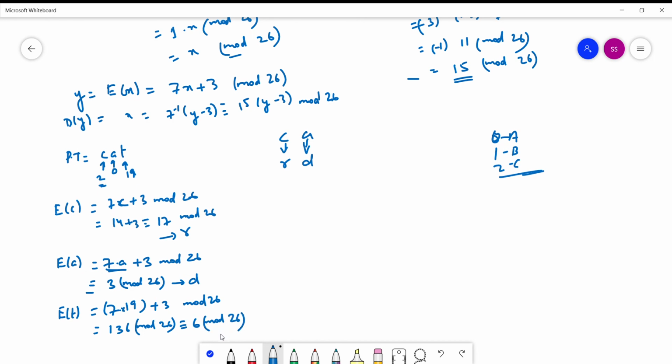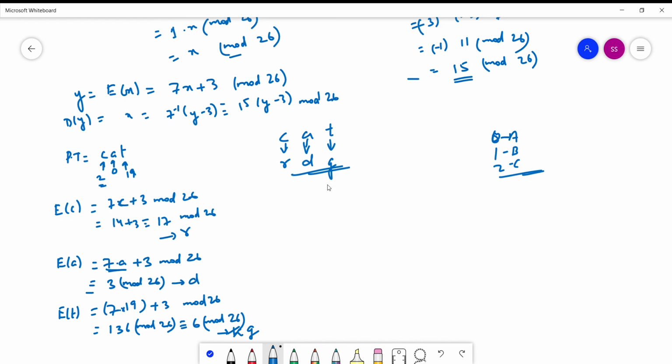This is equal to h. Sorry, A, B, C, D, E, F, G, it's equal to G, not h. H has value of 7, G is 6. So T is encrypted to G. So this is the encryption of cat in Affine Cipher, where key is equal to 7 and 3.